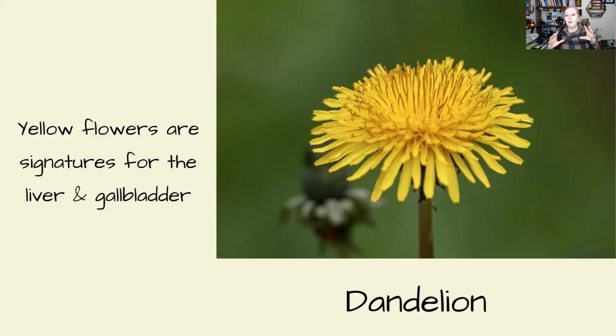There are plants of many colors, but I've noticed a lot of yellow plants. Now, that may be because I am looking for more liver and gallbladder support, as I have some things in my body going on that I'm trying to heal through plants. And dandelion has been a wonderful ally.